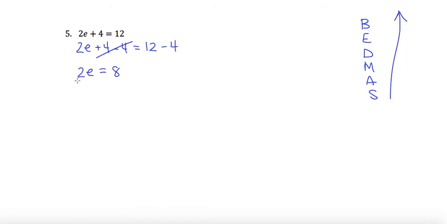Some people will show that right here, using this same line, but if you wanted to show it on a separate line, you can. Some people will turn the second line into fractions. So 2 divided by 2 gives me 1, so those are eliminated, and I'm left with e. And then 8 divided by 2 gives me 4.